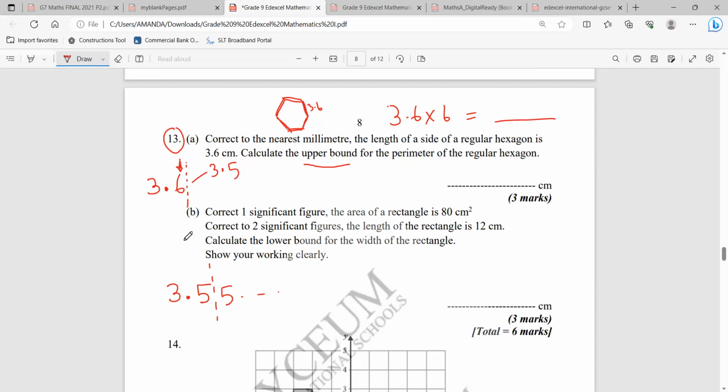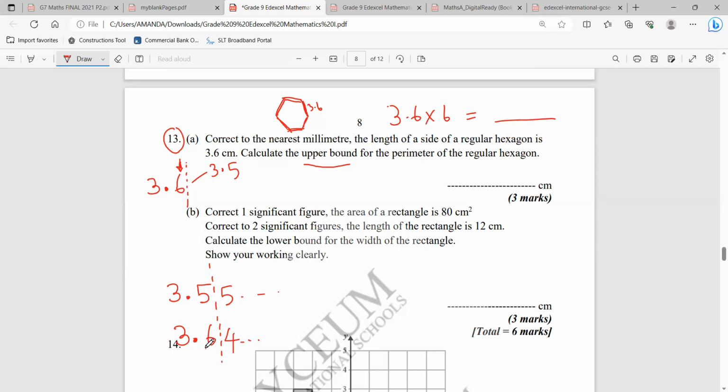How about 3.64? 3.64 will also give you this. When you correct from here, the side could have been 3.64 something.